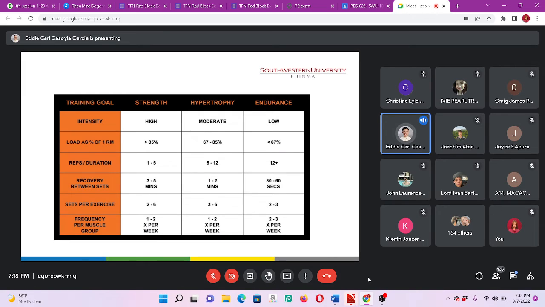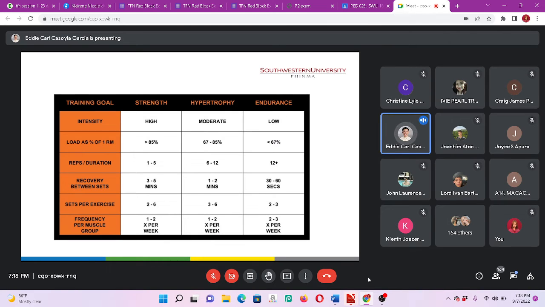So 67 to 85, and I will try to use 75%, okay, of the percentage. 75% then equals 7.5. So that would be the weight of the equipment lifted by the specific student. Okay, so that's for ladies.